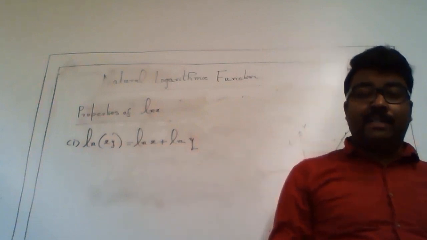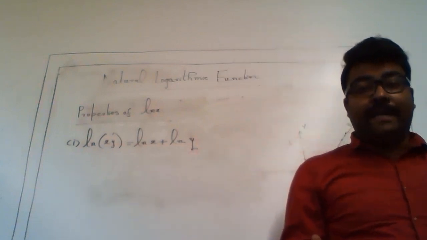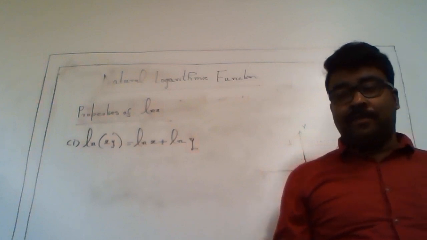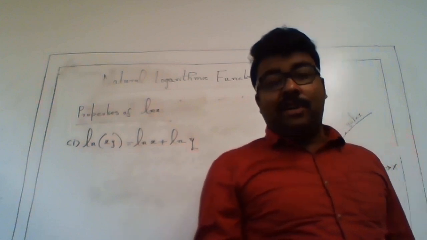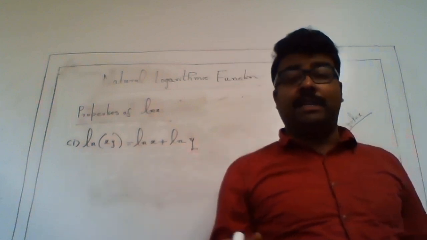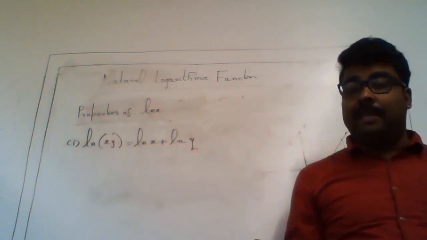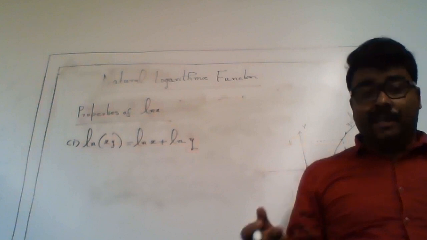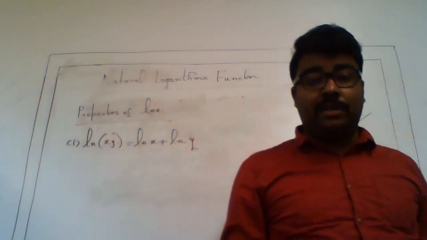Those who have studied chemistry know that a catalyst is a substance which increases the rate of a chemical reaction. In a way, the natural logarithmic function helps us do differentiation and integration much more easily. It helps us do mathematical analysis much more easily because of its various properties that we are going to study. Because of that, it is often called the catalyst.